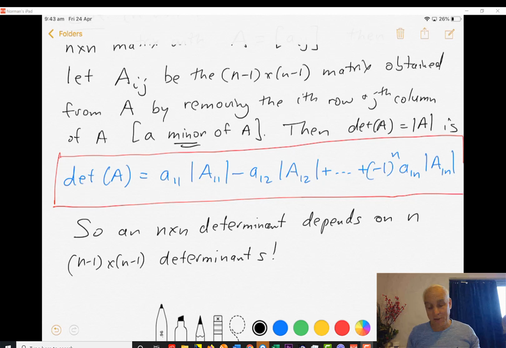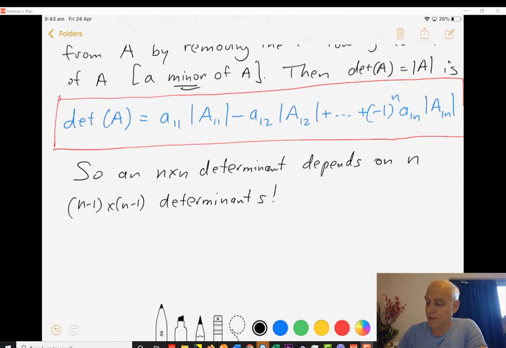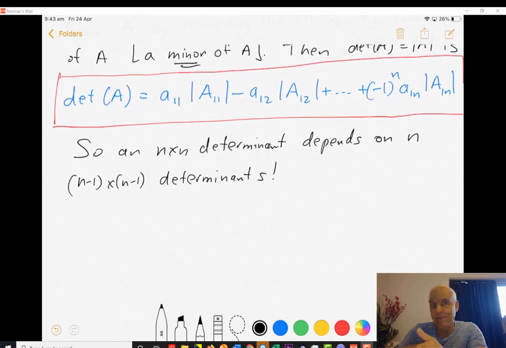And so you can see that as n gets larger, the computational problem of calculating determinants from this definition is going to be a lot of work. So let me illustrate this definition, okay? So you can see that it corresponds with what I was doing earlier. So let's apply this to the example that we did before, but now we're going to use this definition.